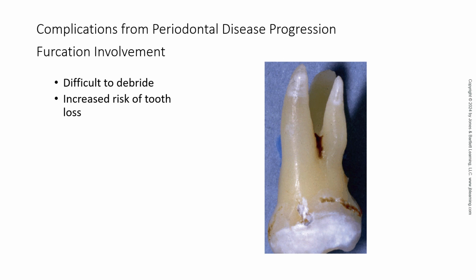If we're not able to completely clean it, we're going to leave things like calculus behind, which is going to be hard to create the right environment where you've removed all that bacteria, which will then create an increased risk of losing the tooth, right? Because you aren't able to control the disease and the biofilm bacteria in the pocket.